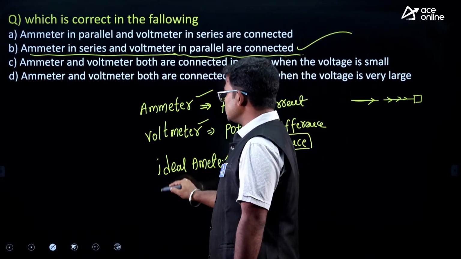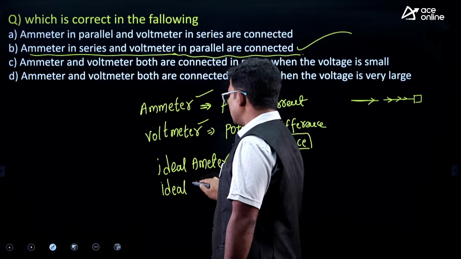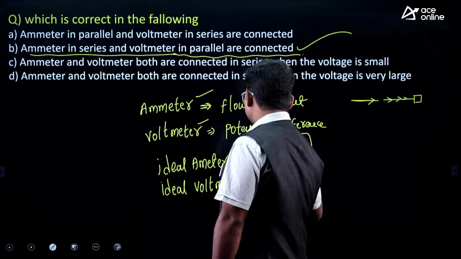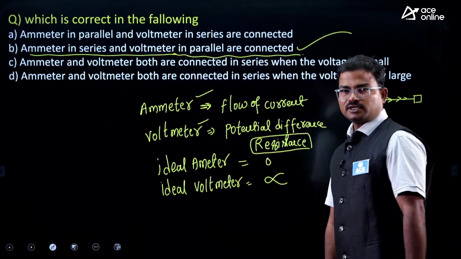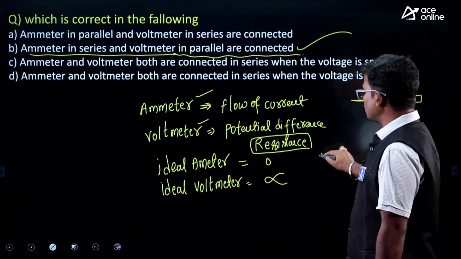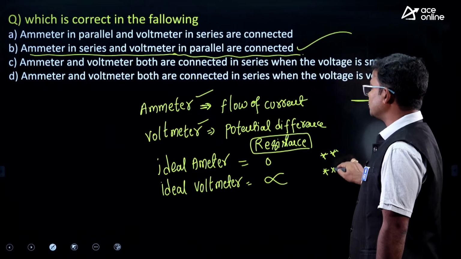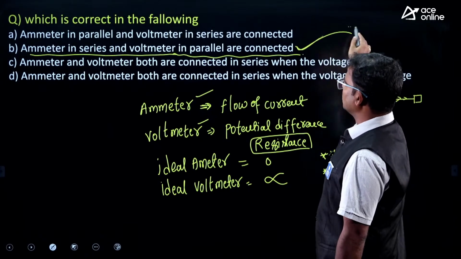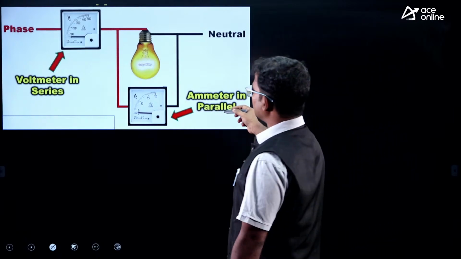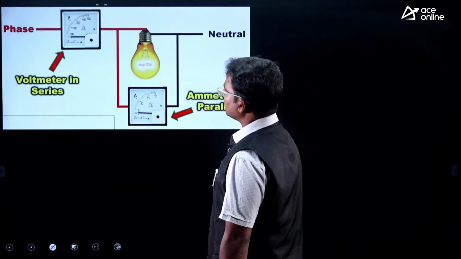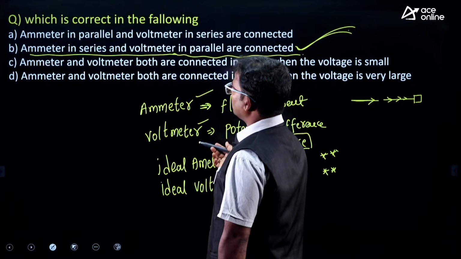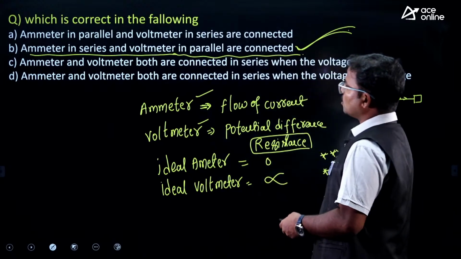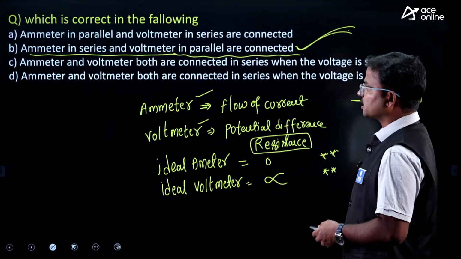So what about the resistance of an ideal voltmeter? Its value would always be infinity. These two are also very important from your examination point of view. So finally the conclusion is option B. Ammeter is always connected in series, and voltmeter always connected in parallel. So this is the correct one.